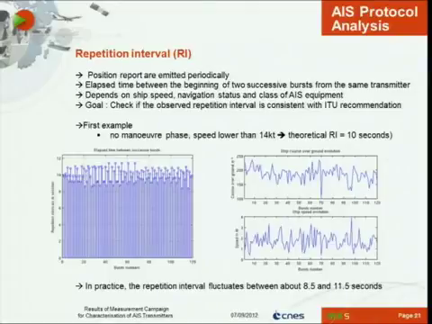So we computed the elapsed time between the beginning of 2 successive bursts from the same transmitters, and we plotted this elapsed time over time. For this first example, the theoretical repetition interval was 10 seconds, but you can see that in practice it fluctuates between 8.5 and 11.5 seconds.